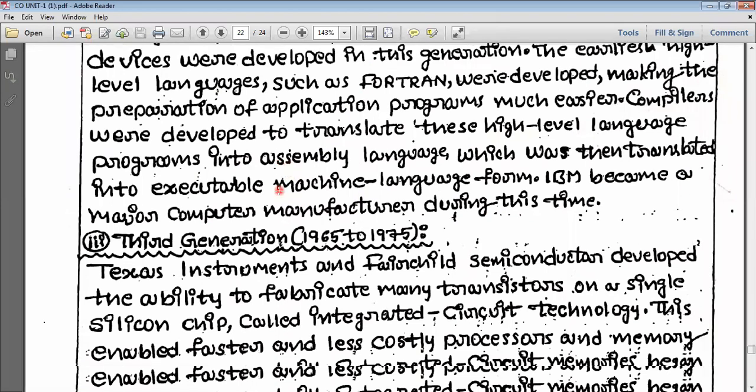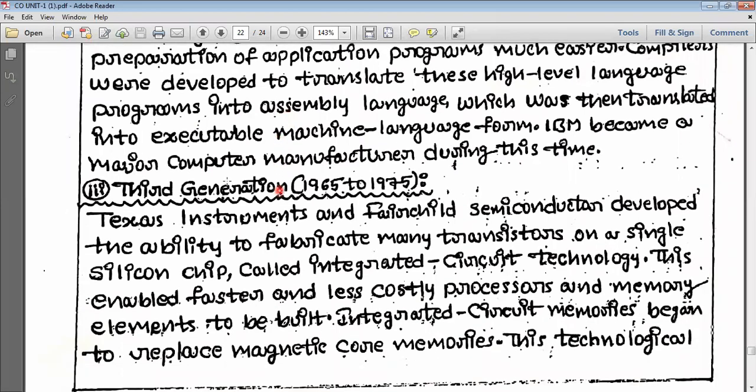Now the third generation, in the years 1965 to 1975. Here, integrated circuit technology is used to manufacture the computer. In the second generation, transistors are used; the transistors are replaced with the integrated circuit.